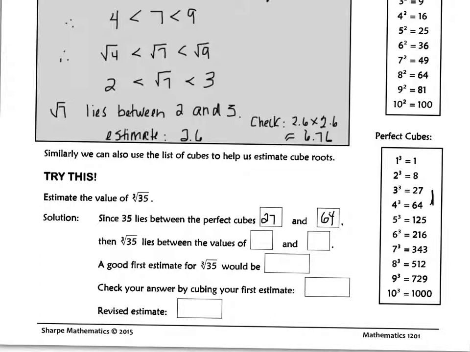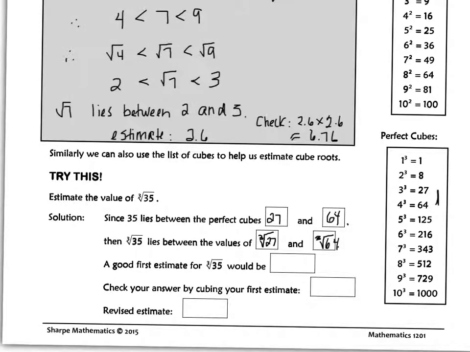And then that means that the cube root should lie between the cube root of 27 and the cube root of 64. So that would be between, cube root of 27 is 3, and cube root of 64 is 4.